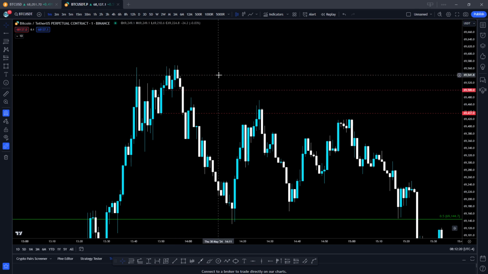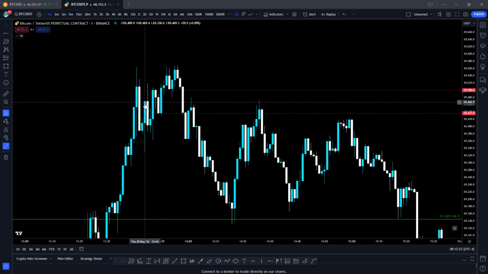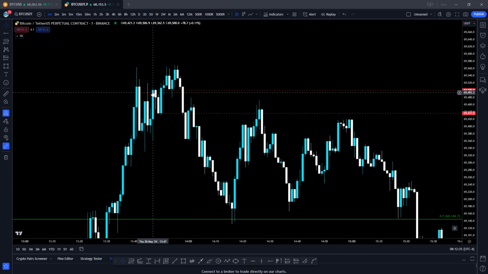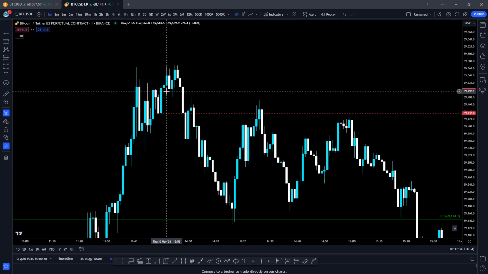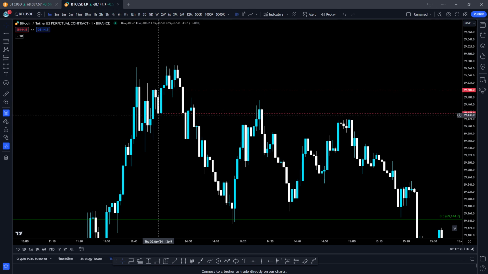I don't know what I was thinking, but when you are bullish, your order block is going to be your red candles, or in my case, the white candles. So there's our order block.